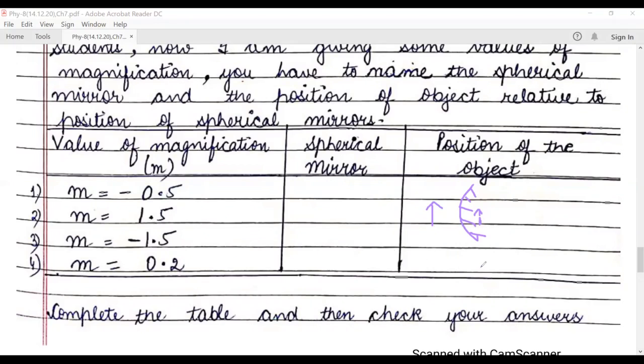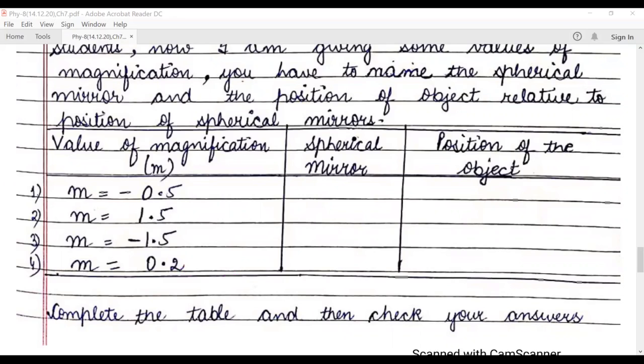Virtual means it should be positive. The value of magnification should be plus, and its value should be any number less than 1, since the image formed is diminished. So in this whole table, where do we have magnification less than 1 and a positive number? So I think it is 0.2.